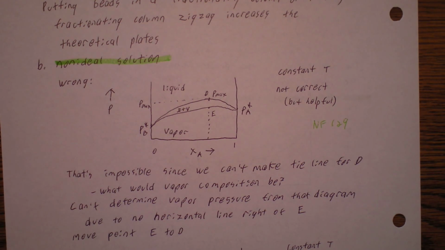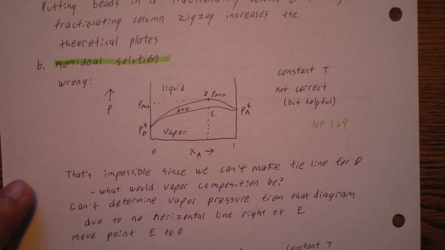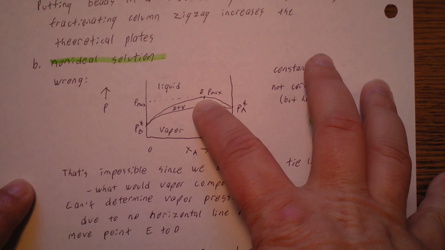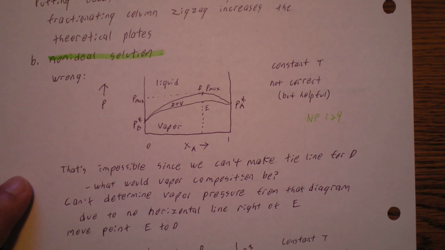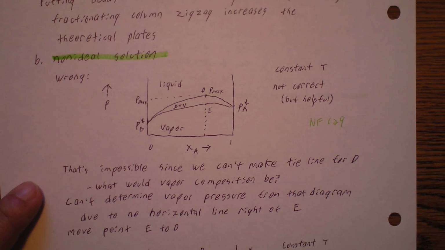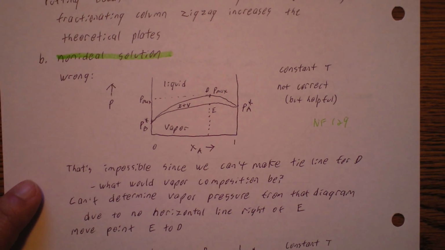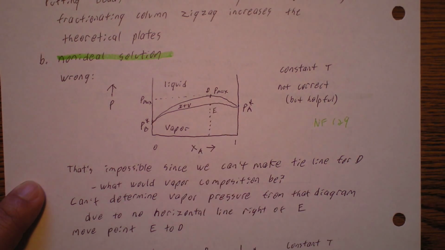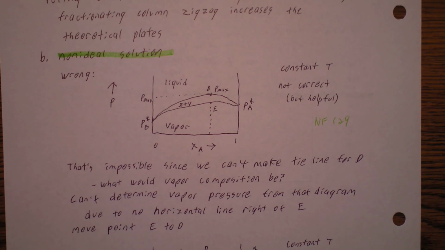It seems reasonable. But let's say we have a point D up here. Well, the problem is we need to be able to make a tie line, right? A horizontal line to figure out, if we're boiling some off here, decreasing the pressure, what's the composition going to be?